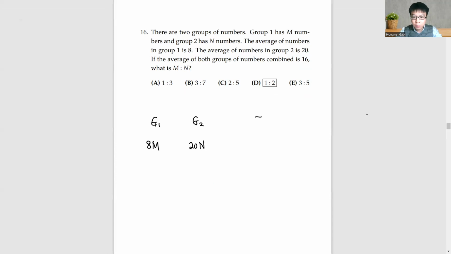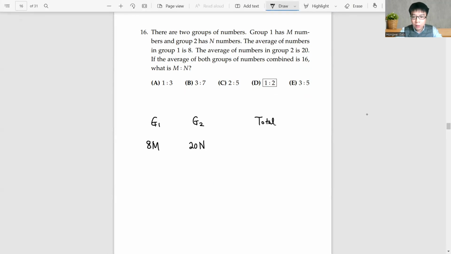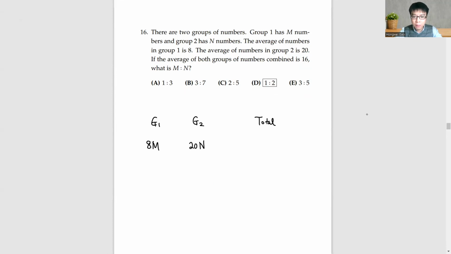For the total, the group average becomes 16. And we have totally n plus n numbers. So we can see that the sum of group 1 numbers plus group 2 numbers equals the total numbers. In this way, we can find the ratio from n to n. So accordingly, we have 4n equals 8n.